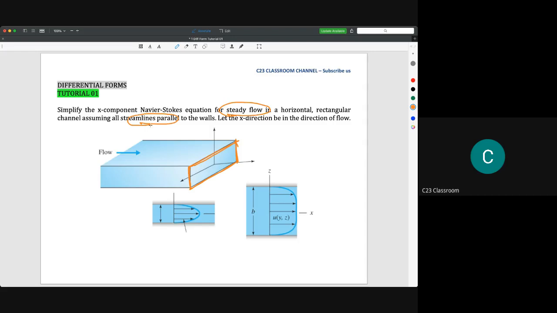So I hope you could revise those topics. We assume that the streamline is parallel with the wall, so the fluid is flowing like this. We assume that this direction is the x direction, according to the question.